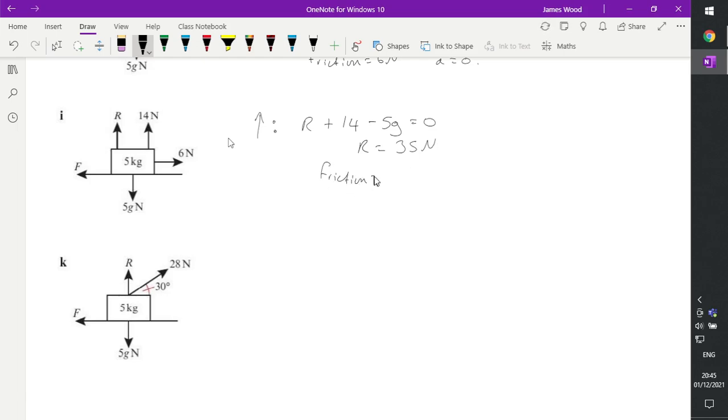So the friction is going to be 35 times 1/7, which is 5 newtons. So this value here of F is 5. So now I can resolve to the right. 6 minus 5 equals 5a. And then a is obviously going to be 1/5 or 0.2 meters per second squared.